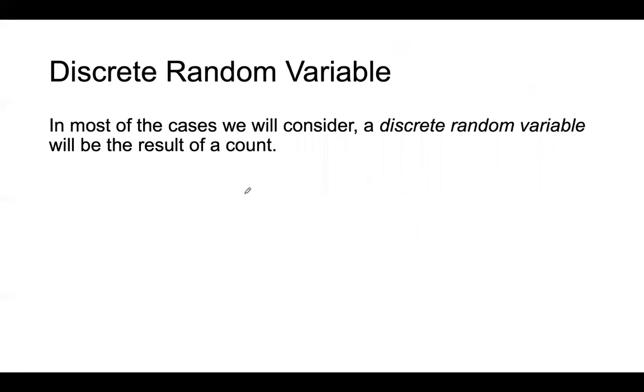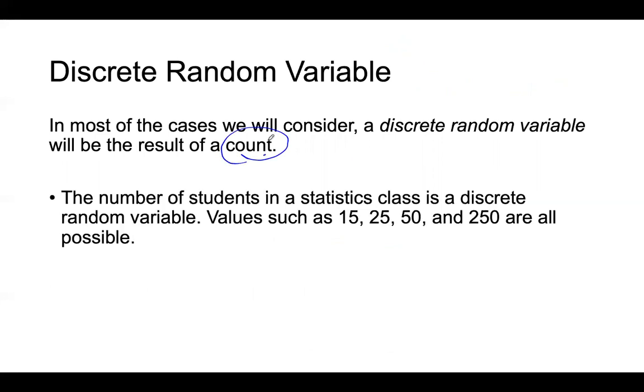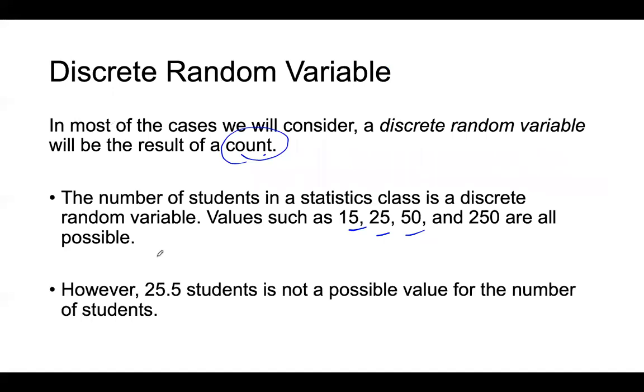In most cases, a discrete random variable will be the result of a count. So the number of students in a statistics class is a discrete random variable, and we can have, let's say, 15, 25, 50, or 250 as possible values.